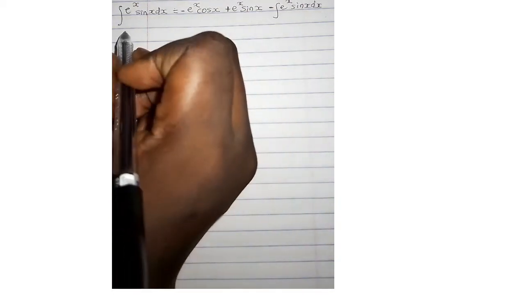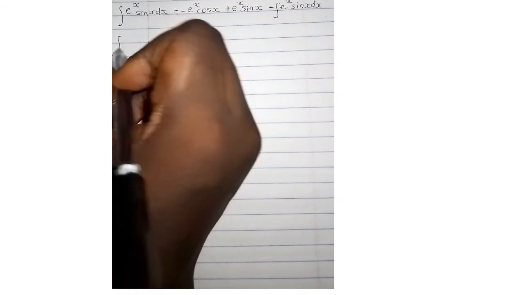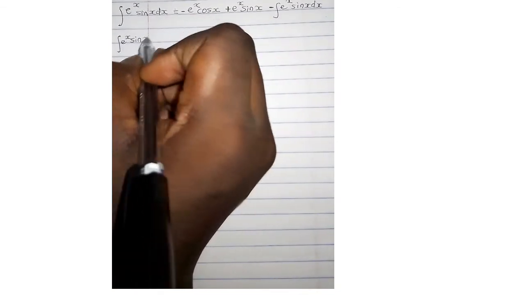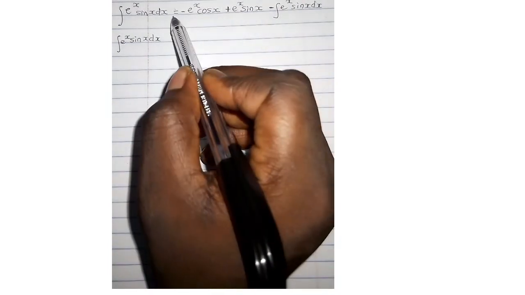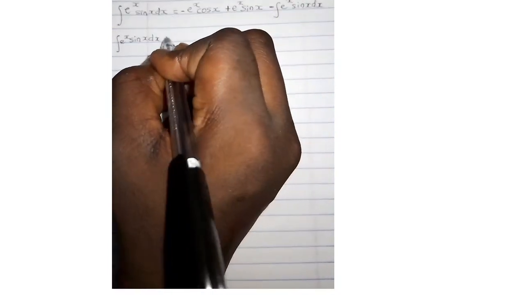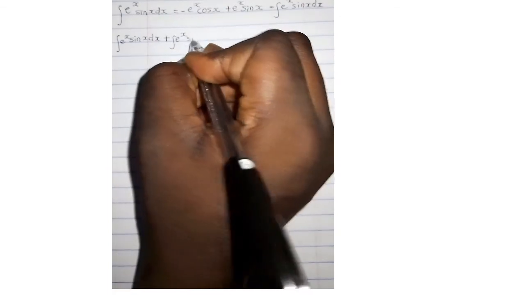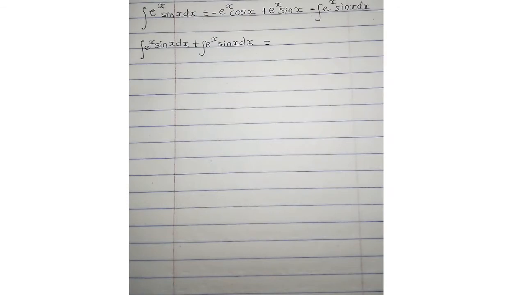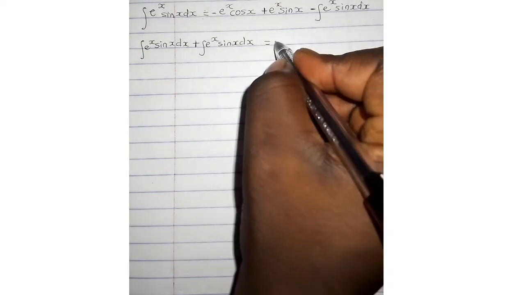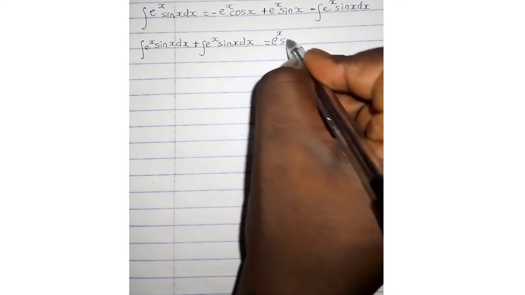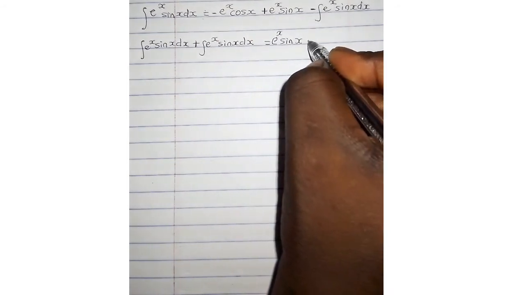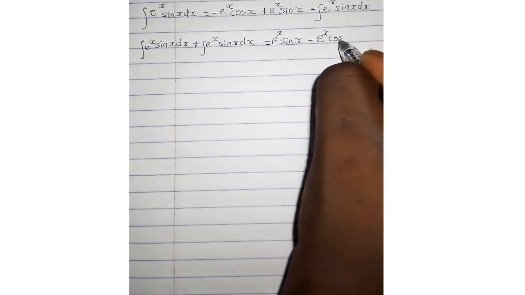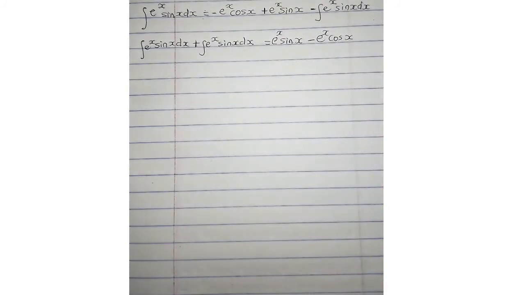So we're going to have the integral of exponential x sine x dx, and when this crosses over the equals sign, automatically the sign changes, so it becomes plus the integral of exponential x sine x dx is equal to, now since negative exponential x cos x is first, we're going to interchange it so that the negative comes to the middle. So we're going to have exponential x sine x comes first since it carries a positive sign, subtracting exponential x cos x. We just have to interchange it. They're both the same thing.